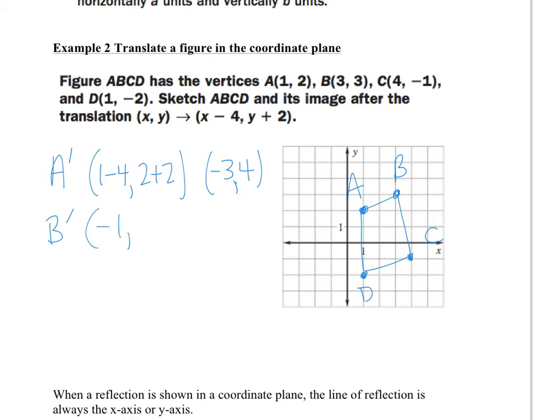So (3 - 4, 3 + 2), (4 - 4, -1 + 2), (1 - 4, -2 + 2). Or you could just move each point 4 units left, 2 units up. Sorry, up. 1, 2, 3, 4, 1, 2.